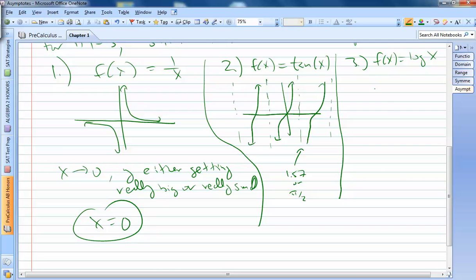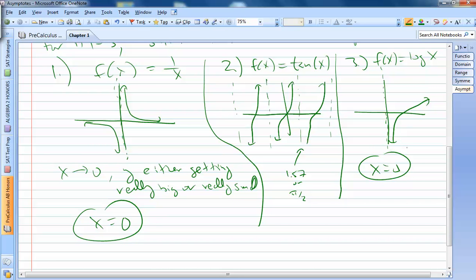And then finally log x. Now these you did graph back in algebra 2. The graph would look like this, with your vertical asymptote like that, and number 1, vertical asymptote was like this. So again, we're going to have x equals 0.